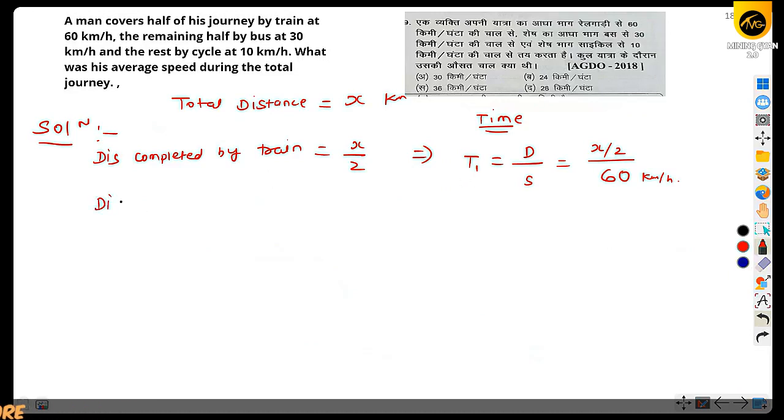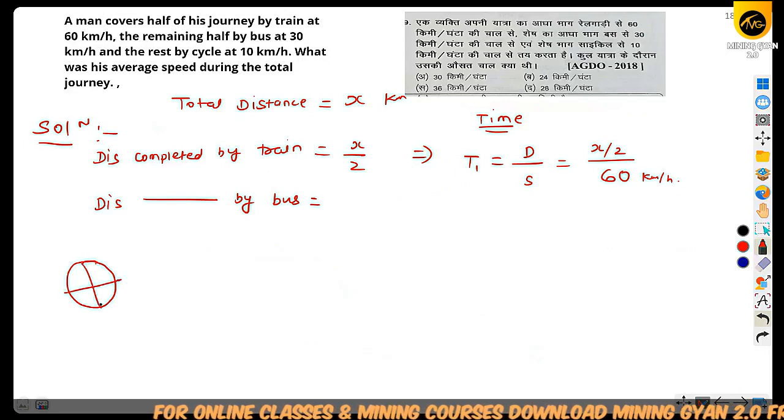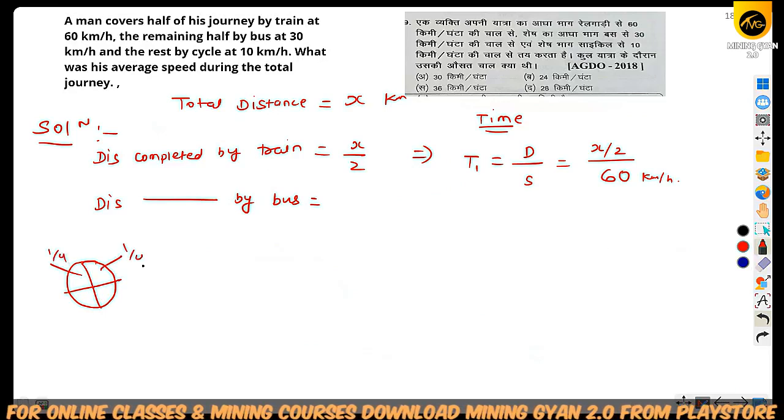Now the distance completed by bus. The next part is the remaining half by bus. You can assume a whole circle, and this one is a half of the circle, that means 1 divided by 2.